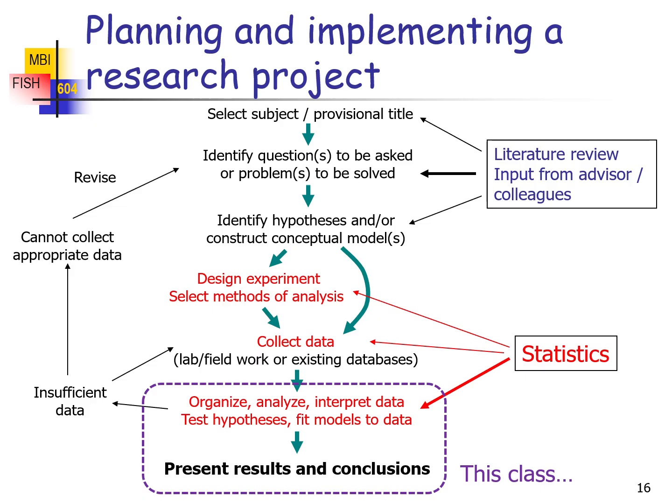Data collection itself is informed by statistics, and again, you typically already have lab or field data in hand, or data from existing databases, and hopefully have already organized, analyzed, interpreted the data that you're working with to some extent.